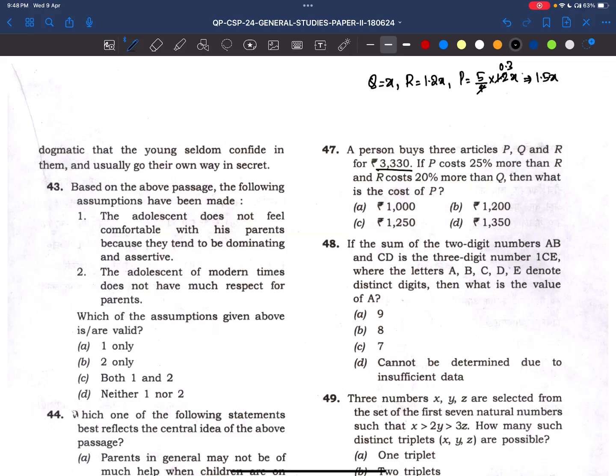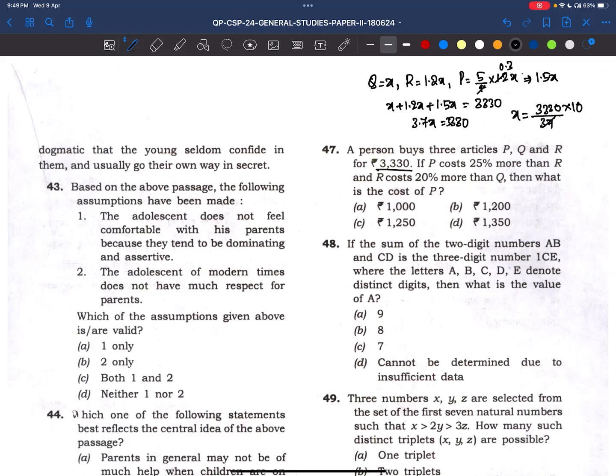He has given that the 3 articles cost 3,330 rupees, right? So let's add all this. X plus 1.2 X plus 1.5 X is equal to 3,330. This is 3.7 X, right? Equal to 3,330. So X will be 3,330 by 3.7. See here, in the previous sum we have seen that 37 into 3 is 111, right?